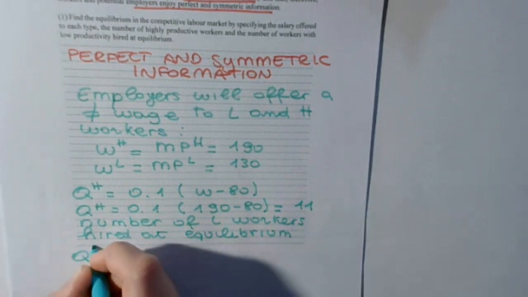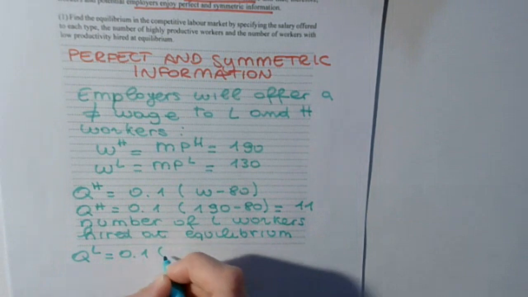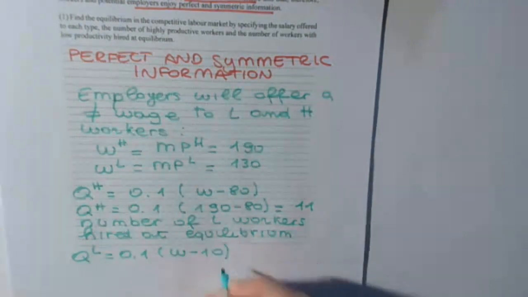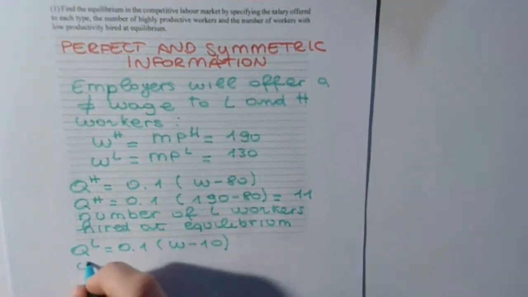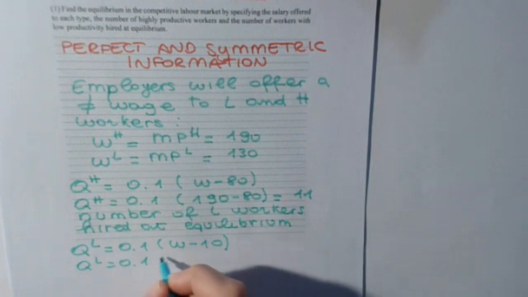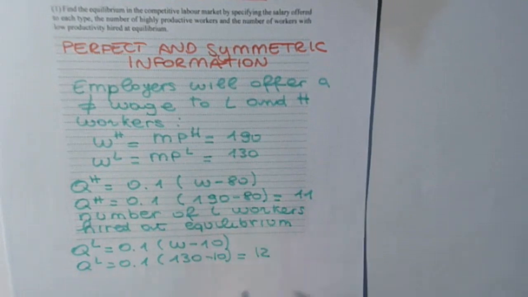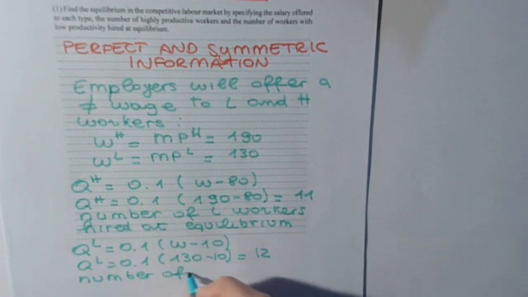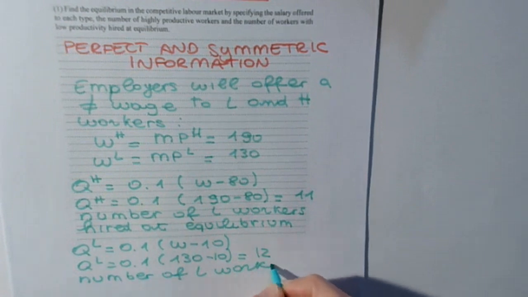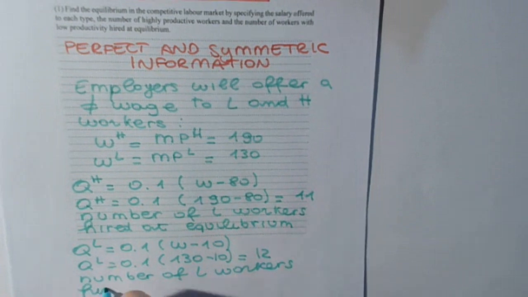We now find the number of L workers as well, starting again from the supply function for L workers. We substitute, the wage is 130 minus 10, so this gives 12. And this is the number of L workers hired at equilibrium.